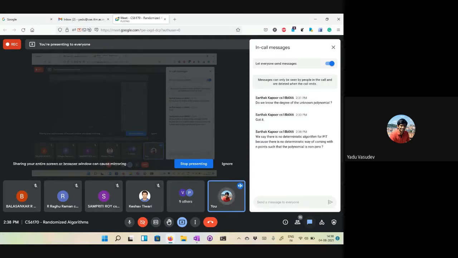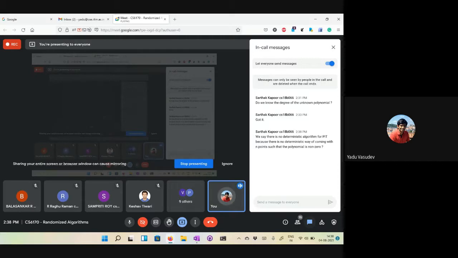So we say we want a deterministic polytime algorithm, right? So we say there is no deterministic algorithm for PIT because there is no deterministic way for coming up with endpoints such that the polynomial is non-zero. Well, it depends, right? What I want to say is, in the case of real values, you can have a deterministic algorithm. It need not be very efficient. That's all that I'm saying.